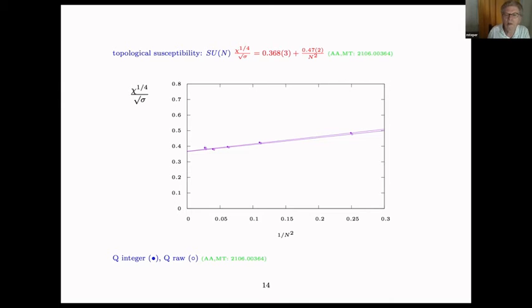The susceptibility you expect is therefore about 180 MeV, and indeed one finds within small errors 178 point something, plus or minus 3, which is consistent with that.